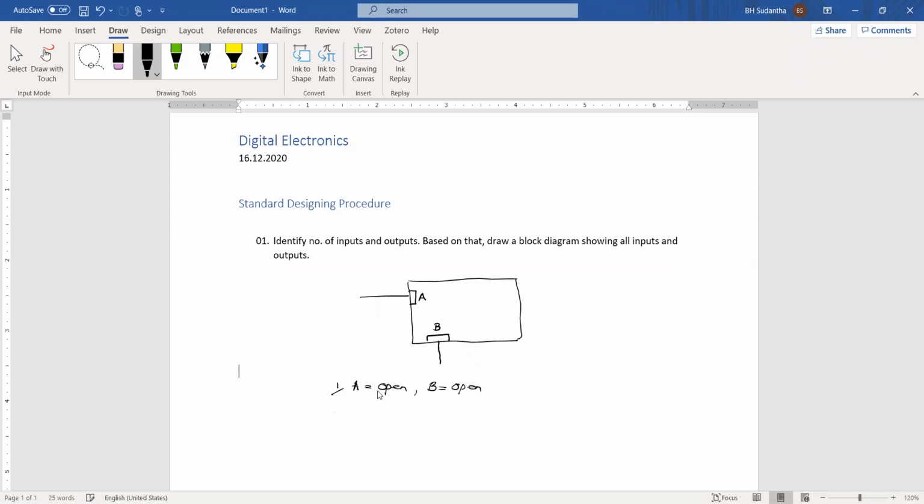That is one dangerous condition. And the second condition is A closed and B open.